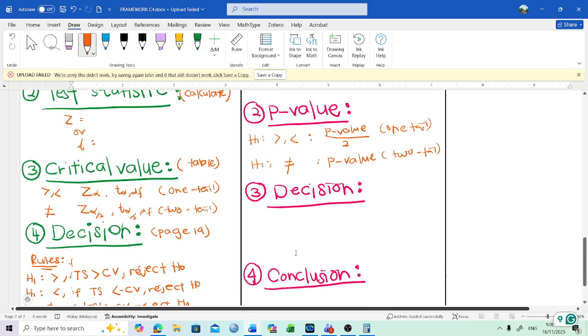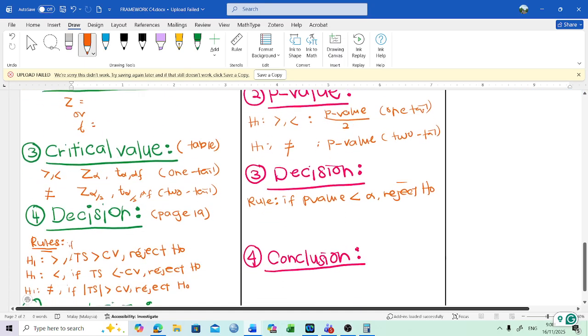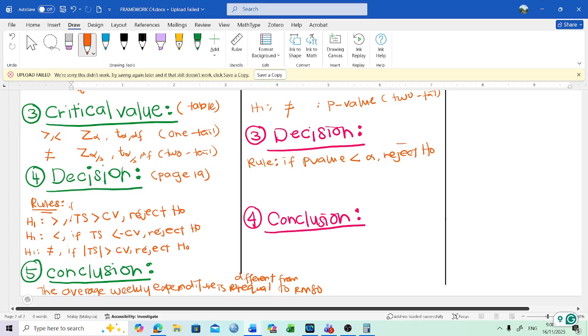For the p-value decision, we have only one rule, which is if the p-value is less than alpha, then you reject the null hypothesis. It is not similar to the test statistic approach, which has three different rules.